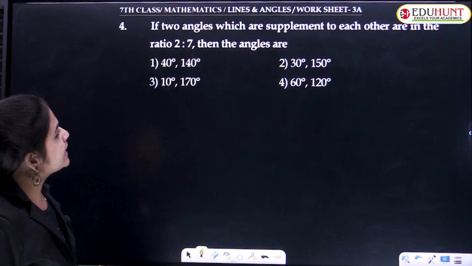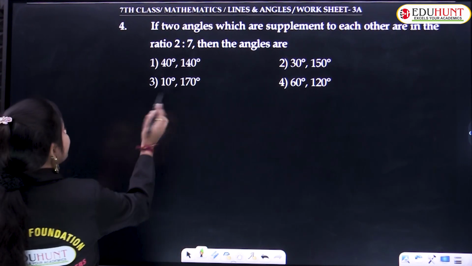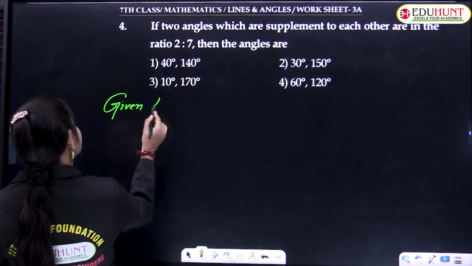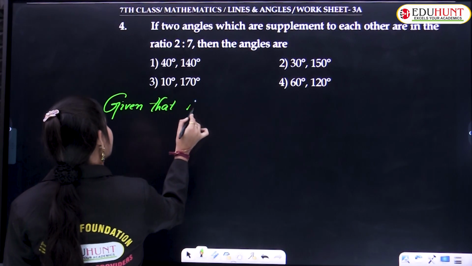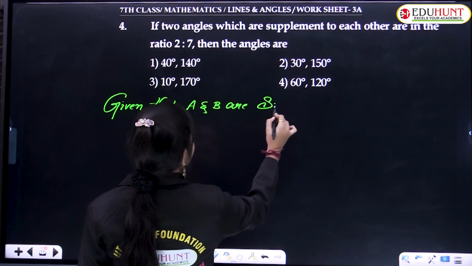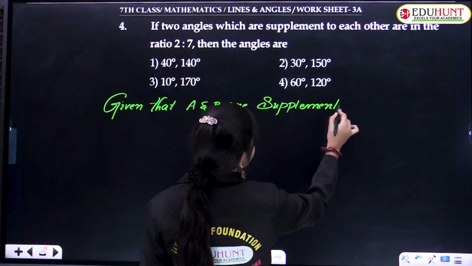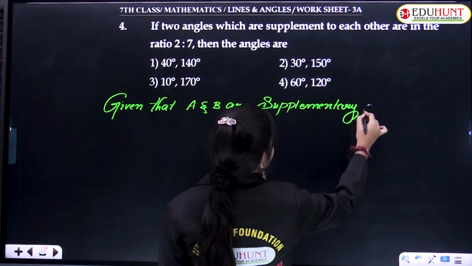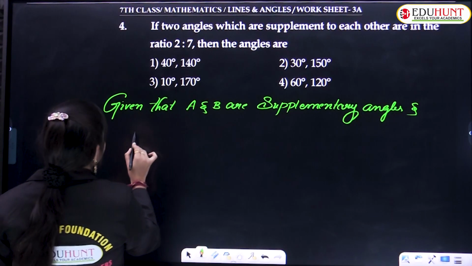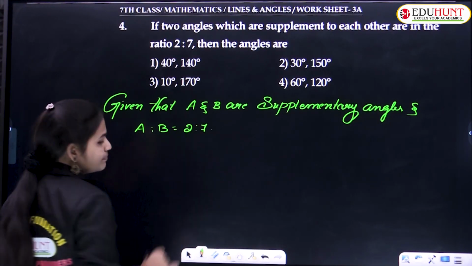Yes. If two angles are supplementary to each other in the ratio 2:7. Now what is given here? Given that A and B are supplementary angles, and A is to B is equal to 2:7.